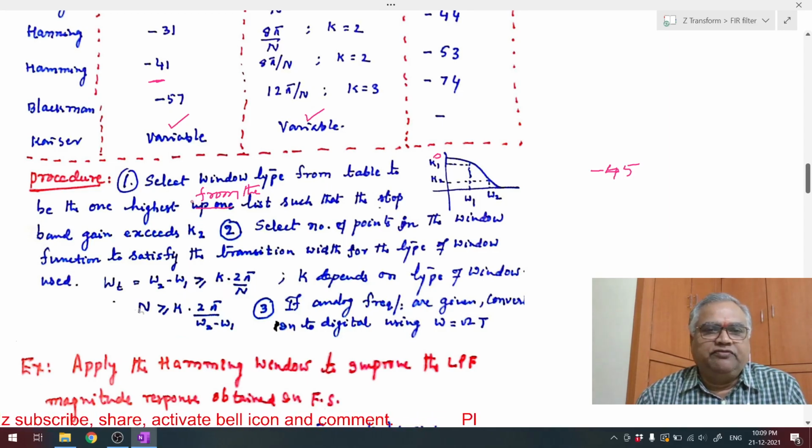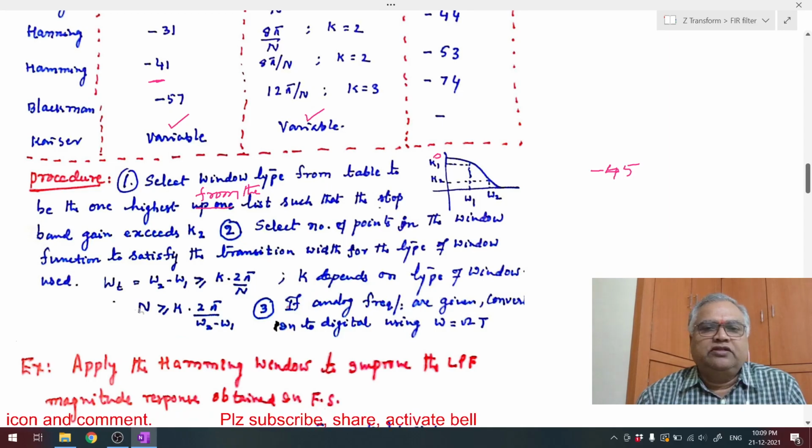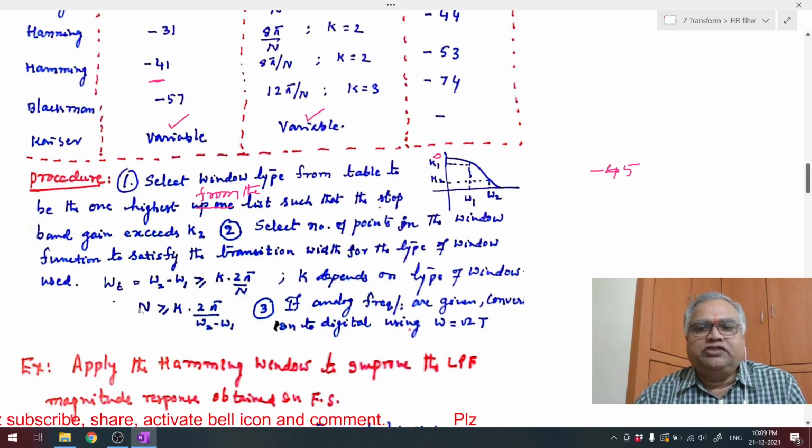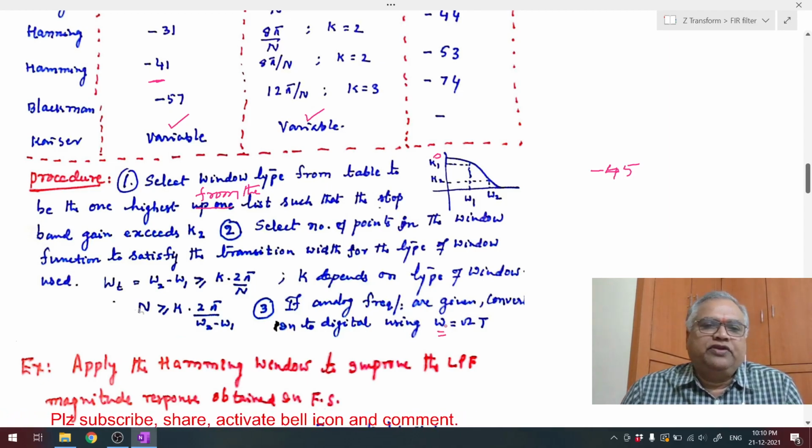The first one is to select the window based on the specification. The second one is how many points we have to select. Third, if analog frequencies are given, convert into digital frequency using omega equal to omega times T. So here all designing is in terms of digital frequency.